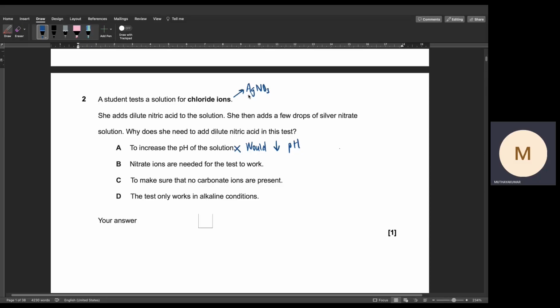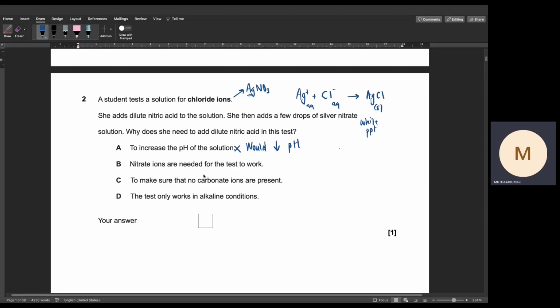In order to conduct a chloride ion test, you don't need nitric acid. The ion you need is Ag+, because the ionic equation for this reaction is Ag+ plus Cl- to form AgCl, which is a solid precipitate. And this solid precipitate is white in color. So this is the test that we're trying to conduct.